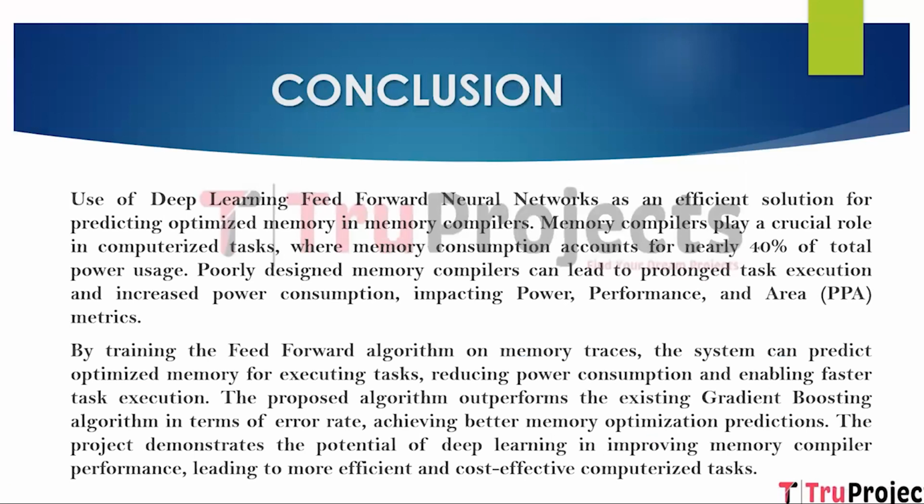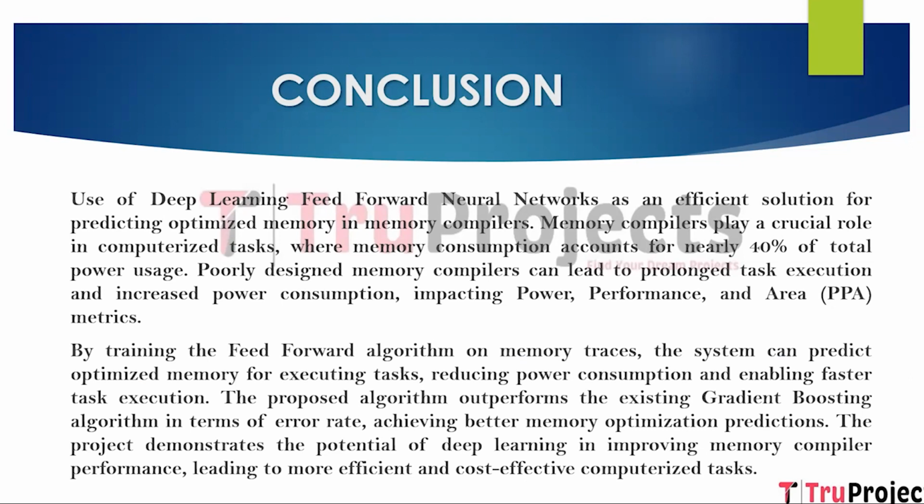Conclusion. A deep learning feed-forward neural network is used to anticipate optimal memory in memory compilers. Memory compilers are essential in computerized operations because memory consumes almost 40% of overall power consumption. Poorly designed memory compilers can cause task execution to take longer and consume more power, affecting power, performance and area, which is PPA measurements.